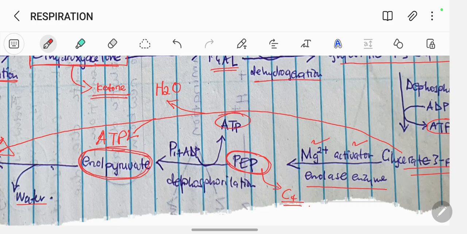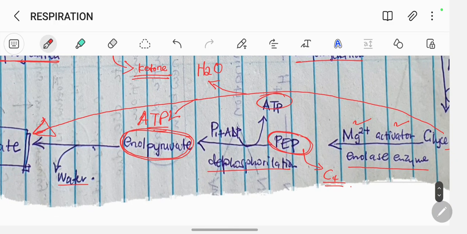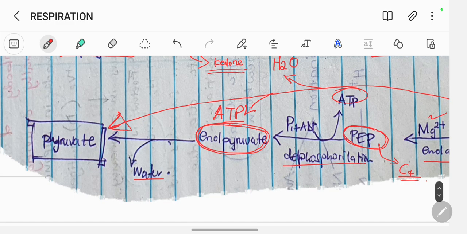We remove our ATP, and this one is dephosphorylation. So PEP is going to be dephosphorylated and will form enol-pyruvate. Now, as we remove water from enol-pyruvate, we are going to be removing that enol group and we form pyruvic acid.